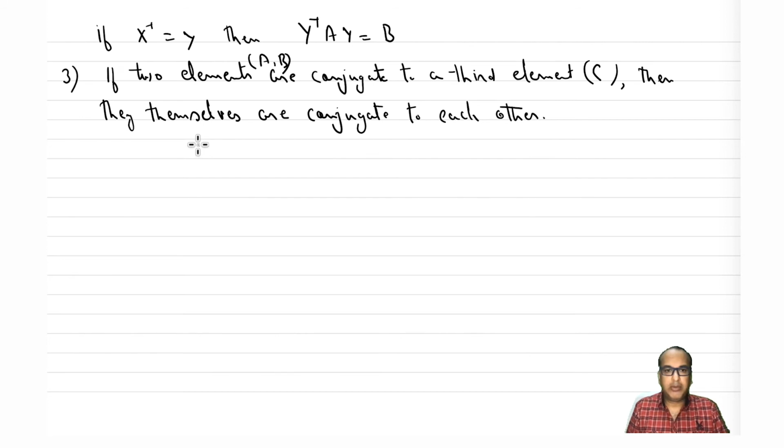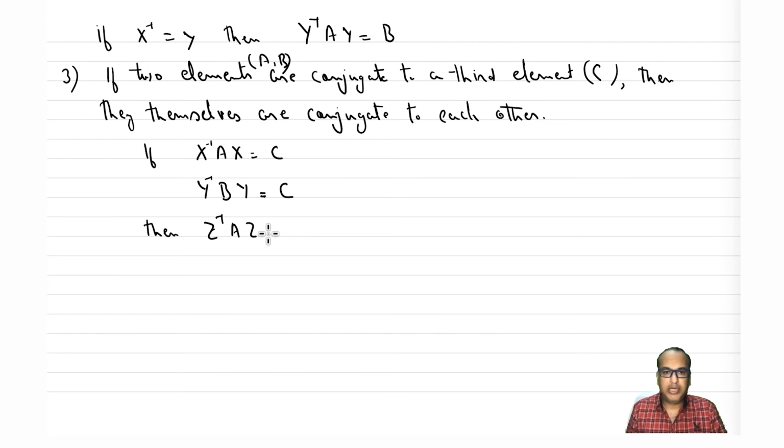So what I'm trying to say is, if x inverse A x gives you C, and y inverse B y gives you C, then there must be an element Z in the group such that Z inverse A Z is equal to B. And then there must be another element M, let's say.